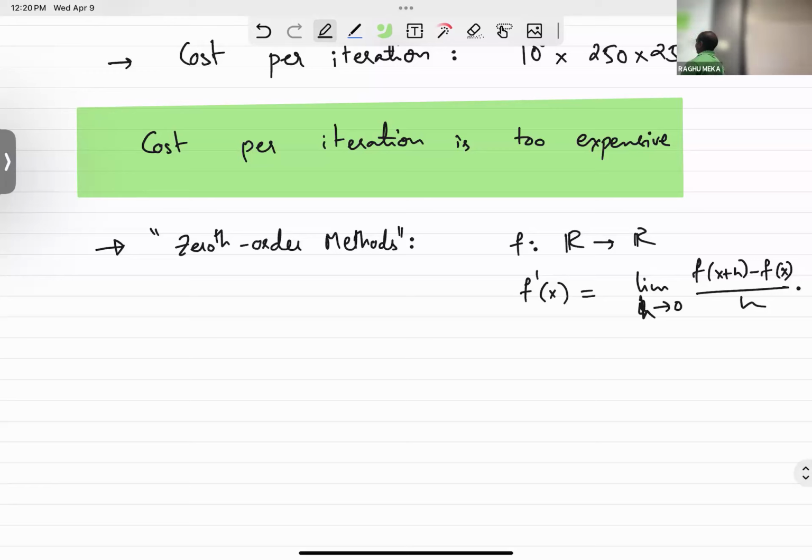Zeroth order methods mean you cannot even compute the gradient, but you can evaluate the function at any point. So one thing you can do is take some small perturbation, compute this ratio, and use that as an approximation. But this still means you have to compute the function multiple times, and especially in high dimensions it can be tricky.